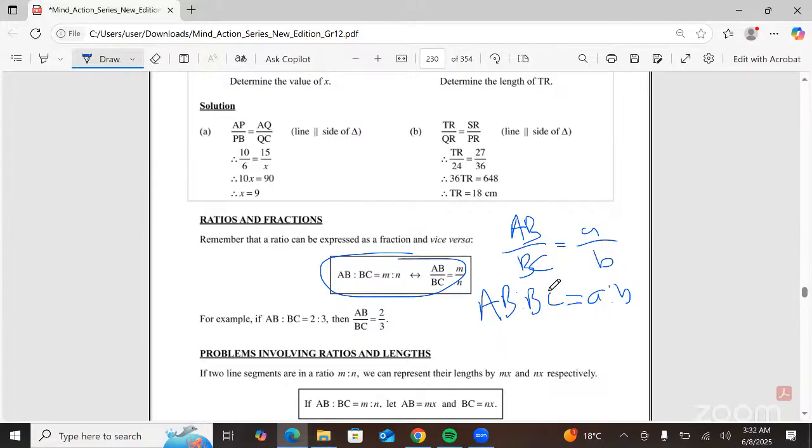So is the first one given always the numerator? Yes, sir. So you get it? Yes, sir. All right, thank you.